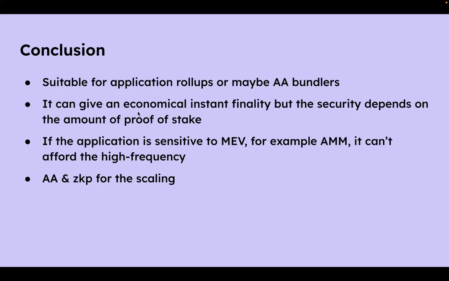And one limitation is that its security depends on the amount of proof of stake. To increase the security, maybe BLS might be a better approach. But it is different from the consensus layer, because we need to sign per transaction.